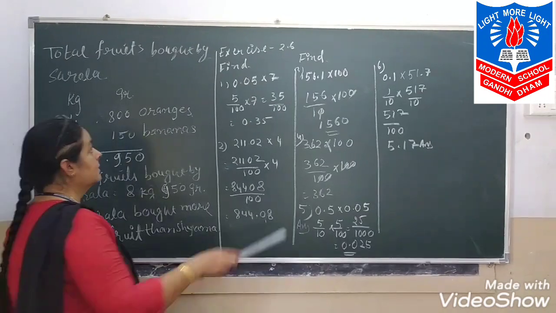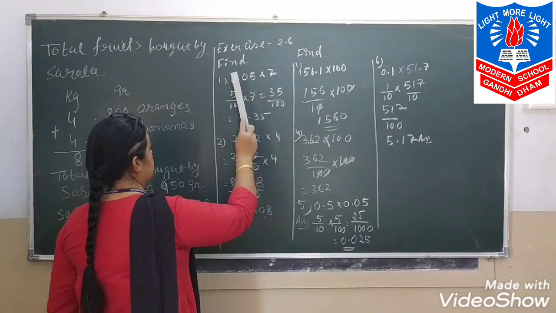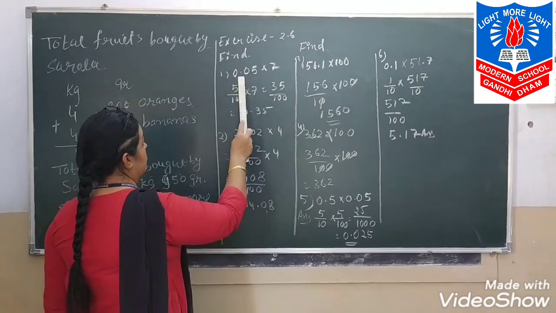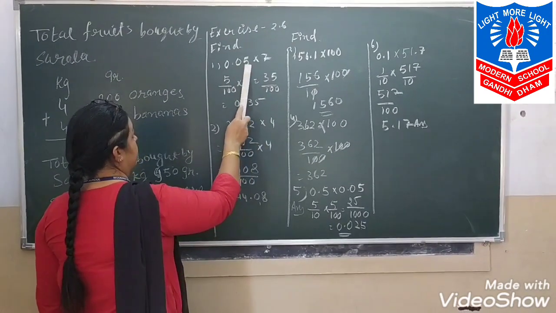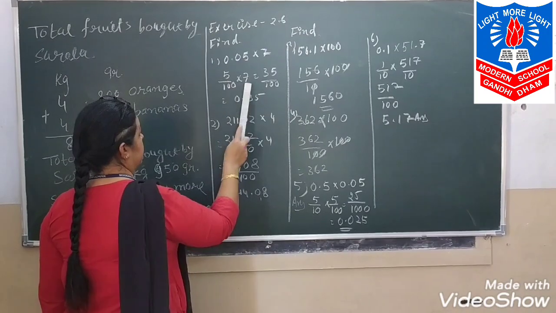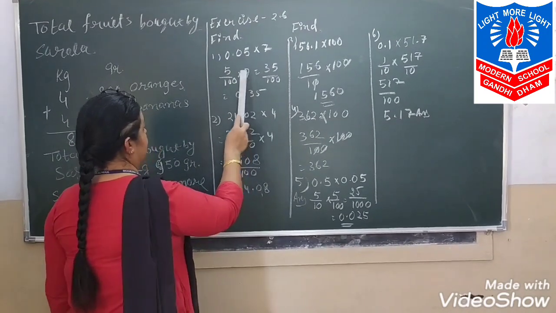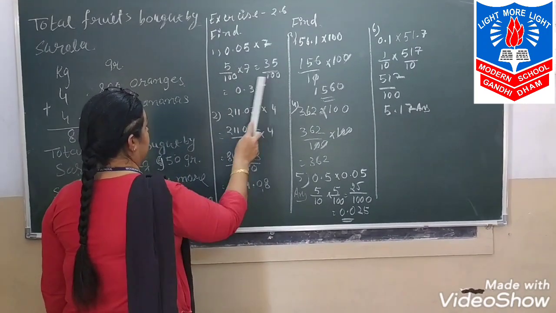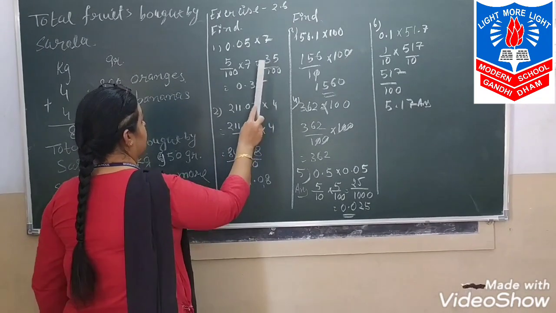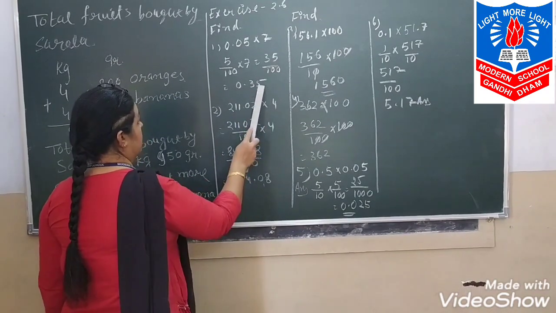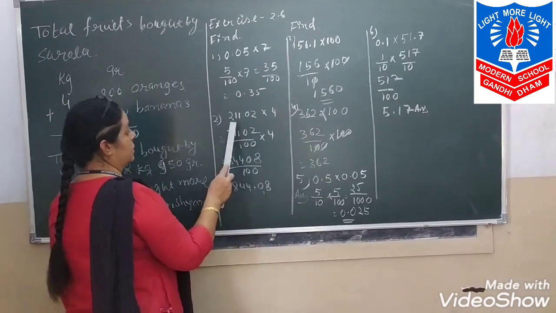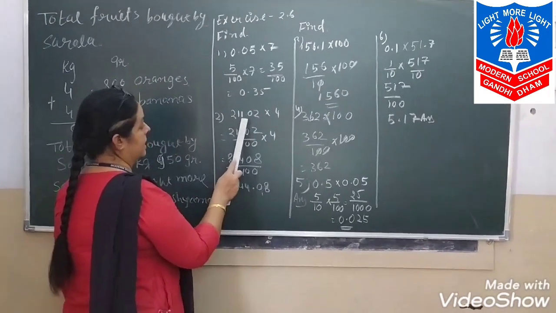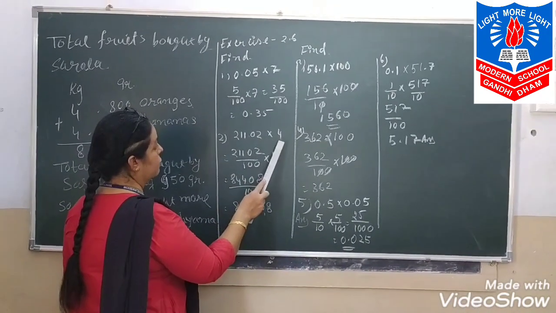Now start exercise 2.6. Find 0.05 into 7. Here the point is after 2 digits, so 5 upon 100 into 7. 7 5s are 35 upon 100. So the decimal place after 2 digits, 1 and 2, means 0.35. Second, 211.02 into 4.